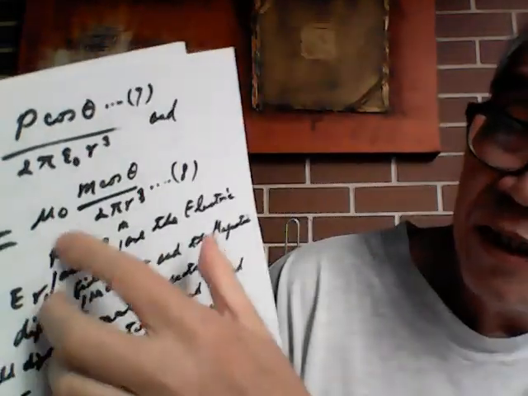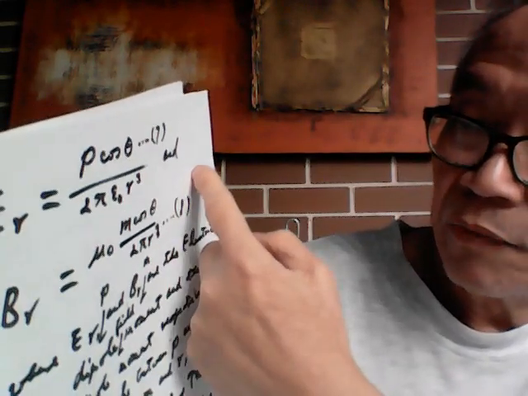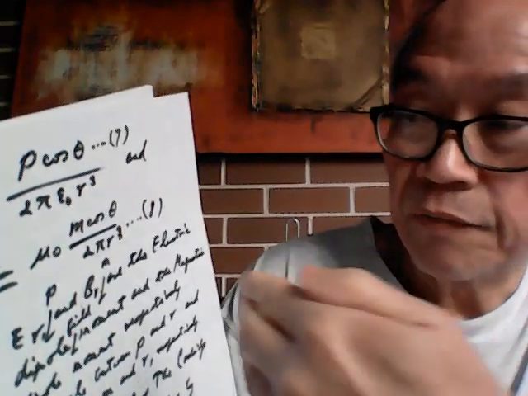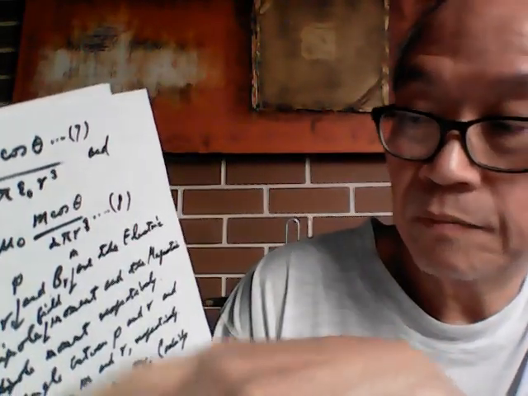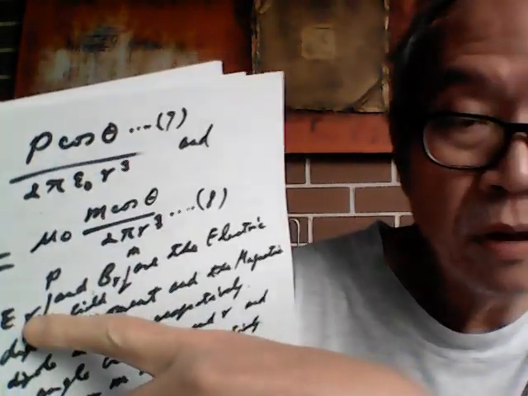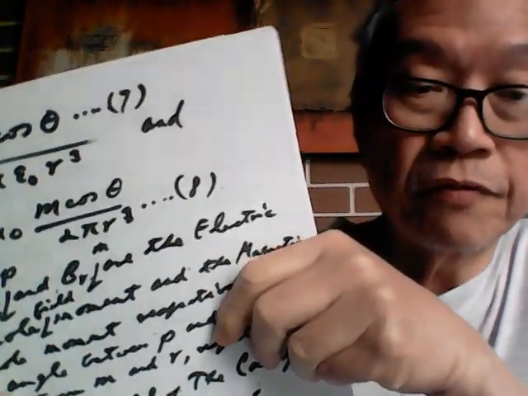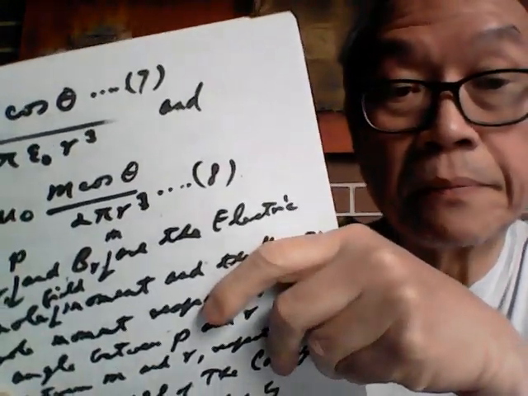The theta is the angle between the direction in which the dipole moment or the electric field acts, and R, the direction in which we have to consider the force.